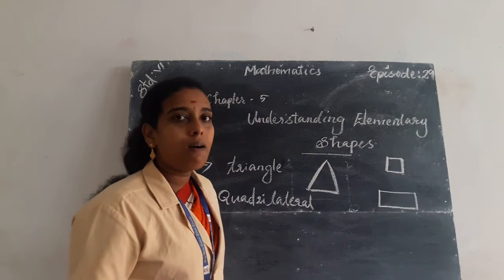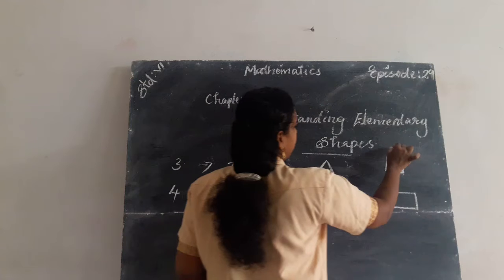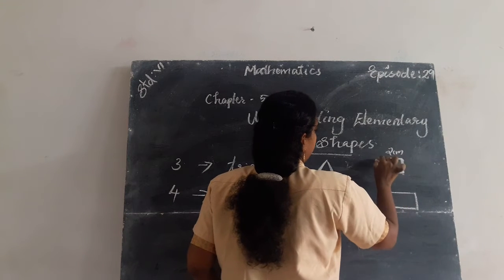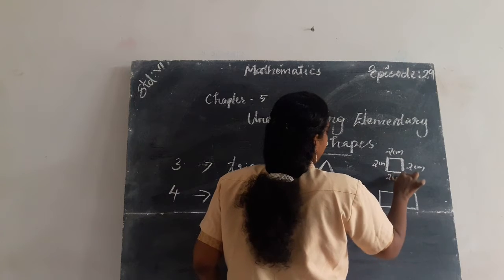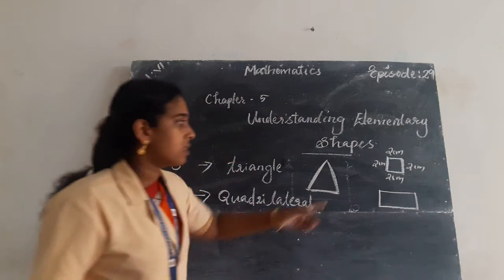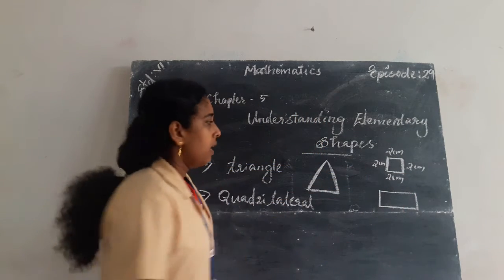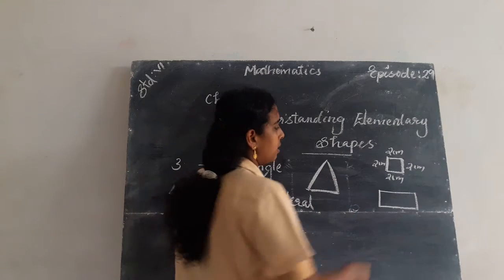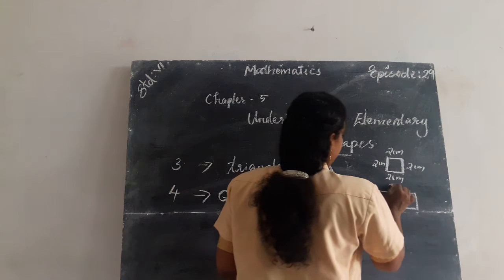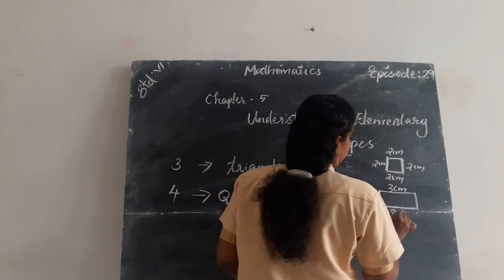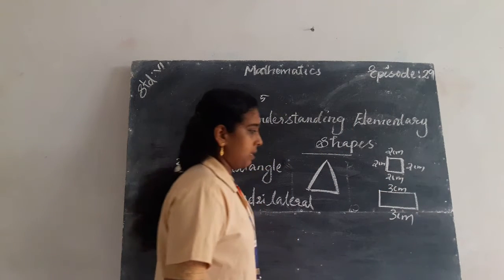In a square all sides are equal, like this. If this side is 2 cm, then the other sides are also 2 cm. If you consider a rectangle, then the opposite sides of the rectangle are of equal length. If it is 3 cm, then the opposite side is also 3 cm.